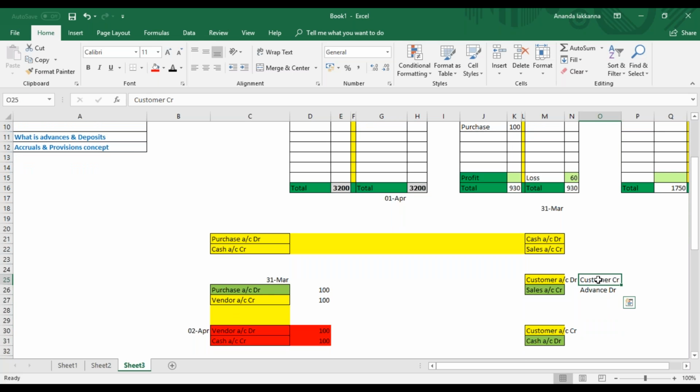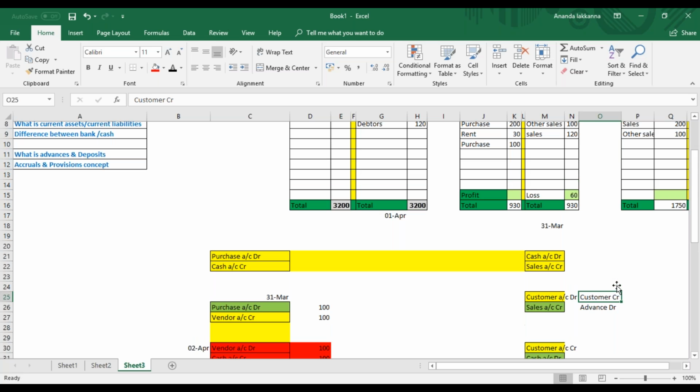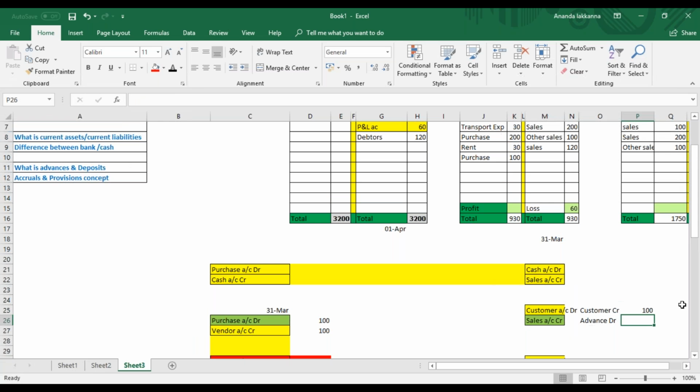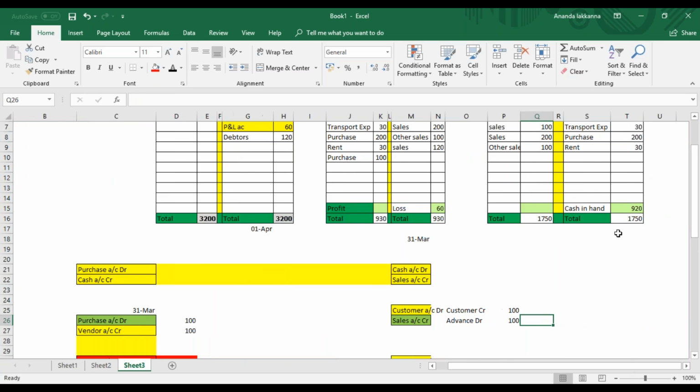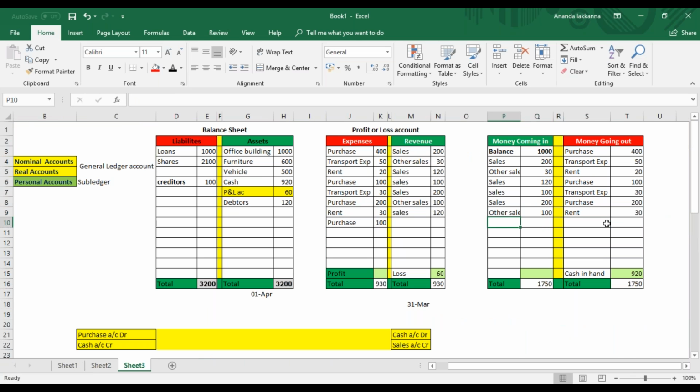These two entries: the customer has given credit to you, meaning cash to you. Let me take 100 rupees. What will happen in your cash account? Your cash will directly rise, from the advance of 100 rupees. Your cash has increased. But as you do not do any sales activity, this is not going to affect any P&L account.